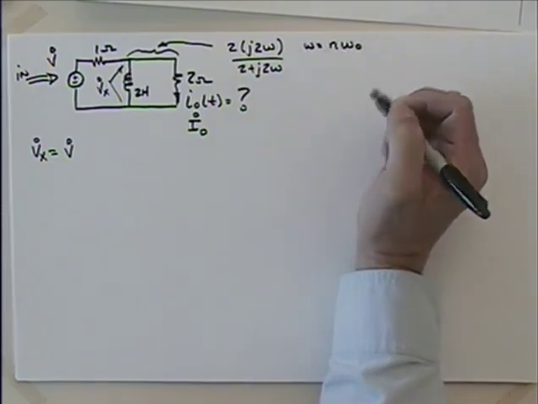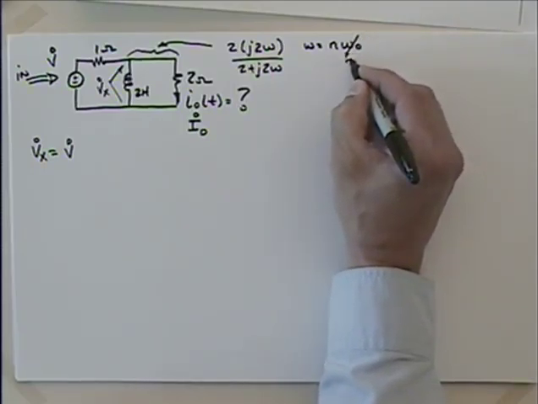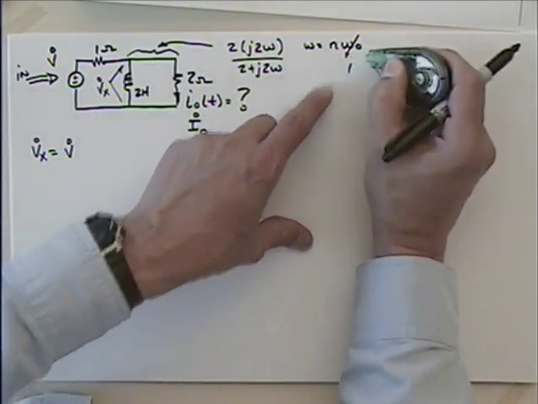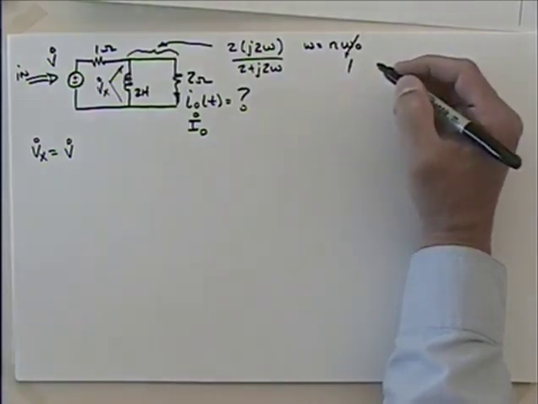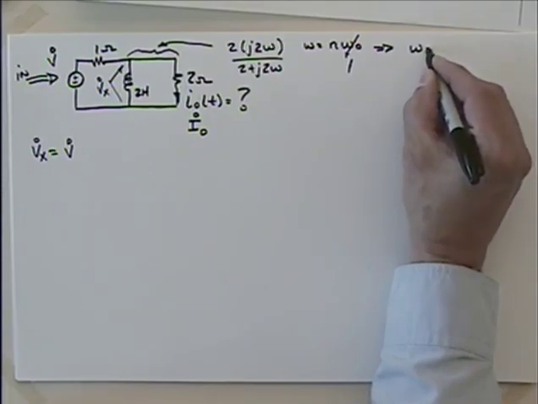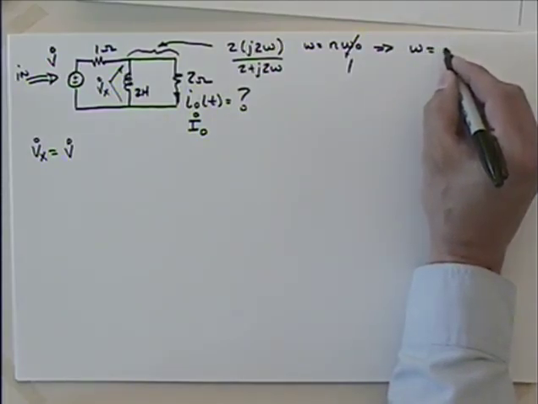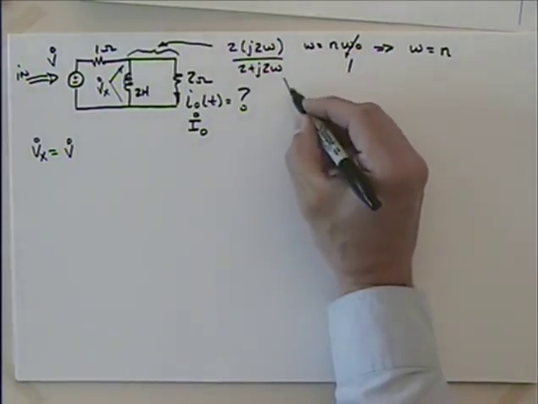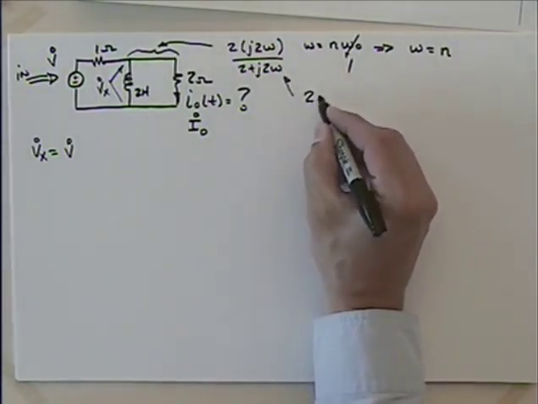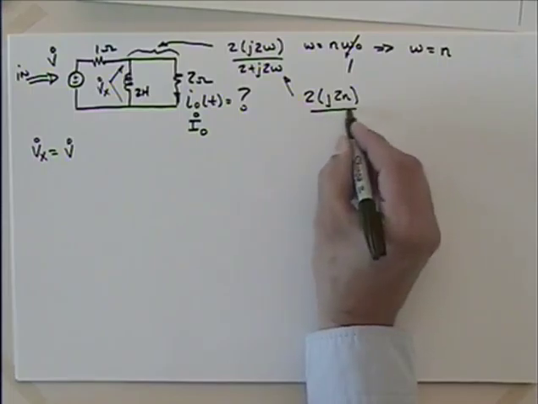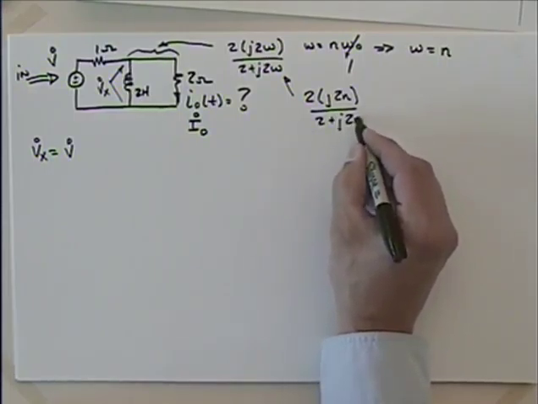And what did we say that omega naught was? That was 1. So everywhere that I have an omega, I'm going to replace it with n, because omega naught is equal to 1. So now this looks like 2 times j2n divided by 2 plus j2n.